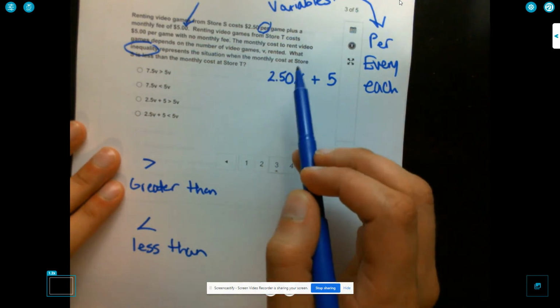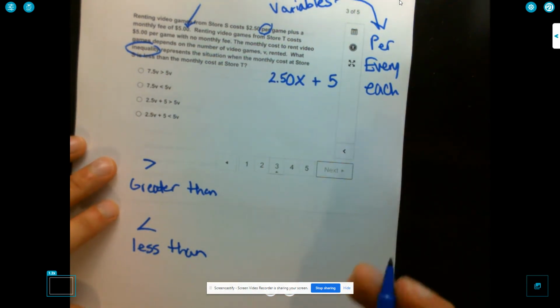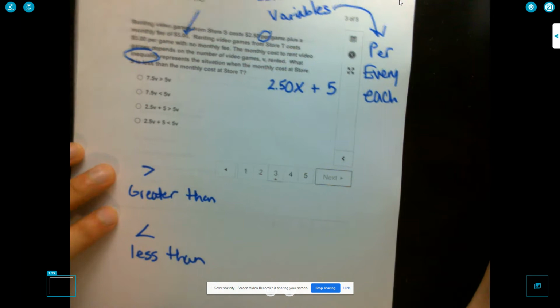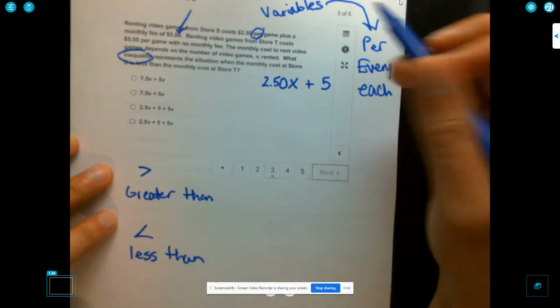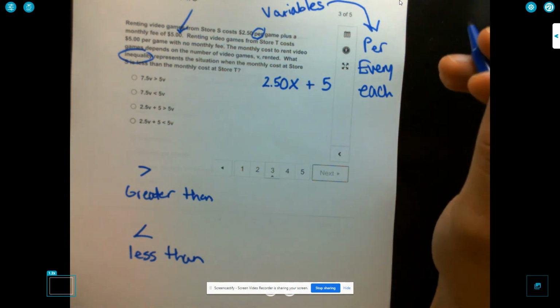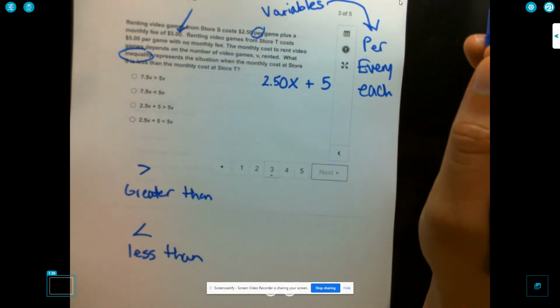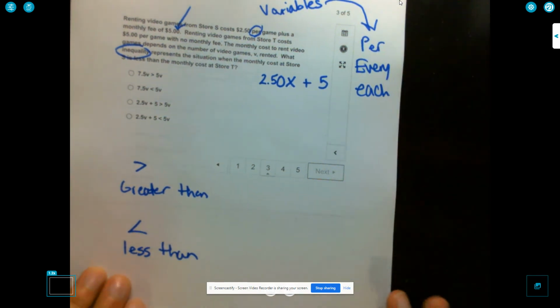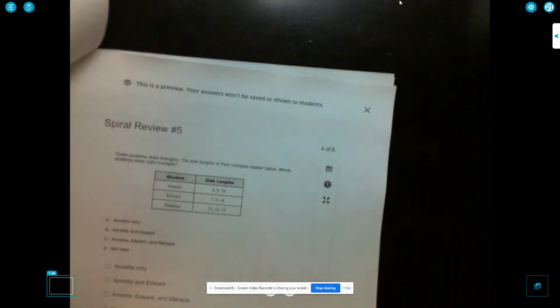So make sure you refer back to your 8th math notes. You have those notes that tell you certain key words that tell you if it's greater than or less than, or greater than or equal to, things like that. So you got to refer back to your notes. All right, let's take a look at this next one.